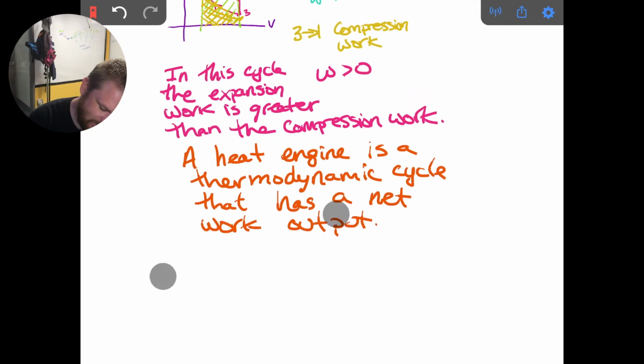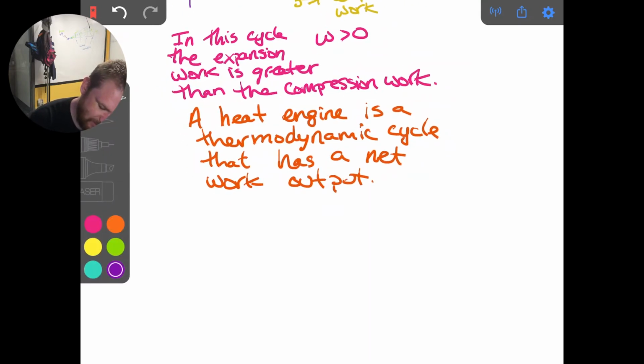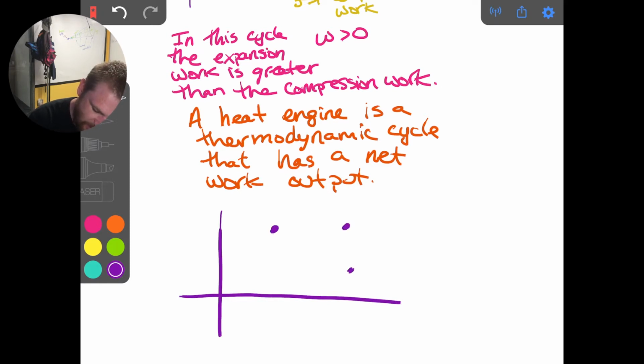Let's take a look at this same cycle, and we have our 3 points. But in this case, I want to consider the situation where we go in this direction instead, counterclockwise. 1, 2, 3.